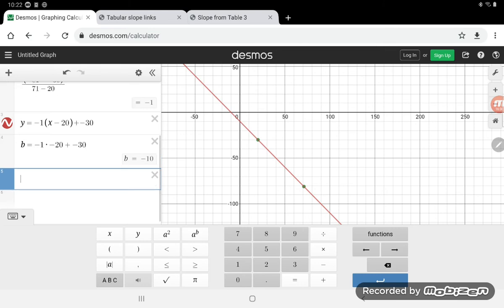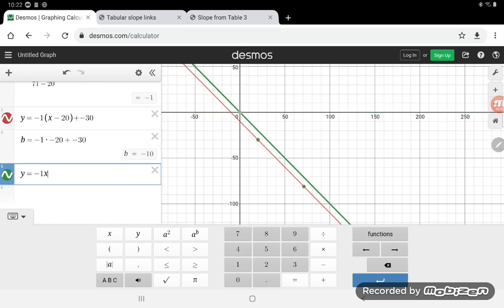So that says y equals, and my slope was -1, so -1 times x, plus the -10, but I'm going to do plus a -10. And notice that green line goes right over the other one. So I got it right.